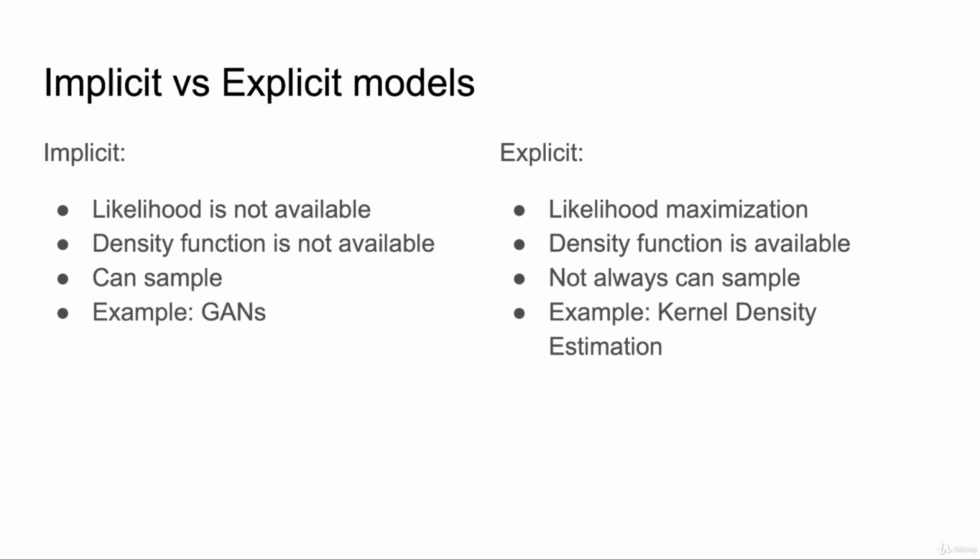Usually, they are built with likelihood maximization, and usually we have this likelihood function, and we have the density function of the distribution that we estimate, but we cannot always sample from the distribution. A good example is kernel density estimation, when we estimate the density of the distribution using some kernel like Gaussian, but we are not able to sample from it.